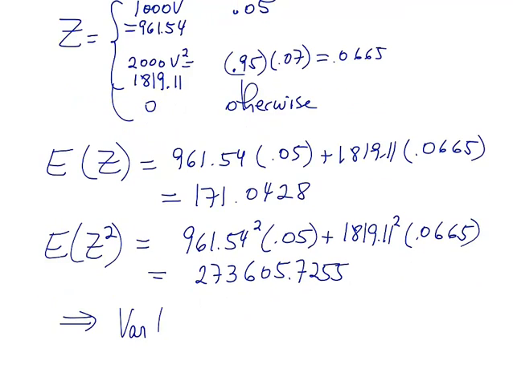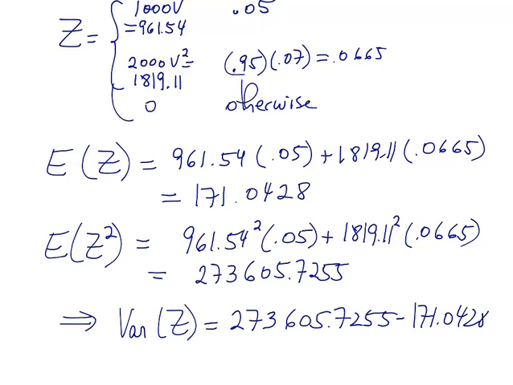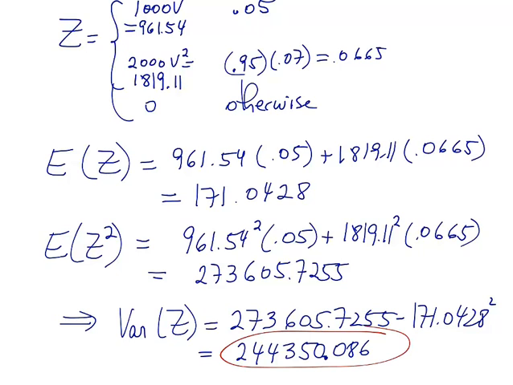And then we can compute our variance using our usual formula. So 273,605 minus 171.0428 squared. And that works out to be 244,350.086, and so that would be the variance.